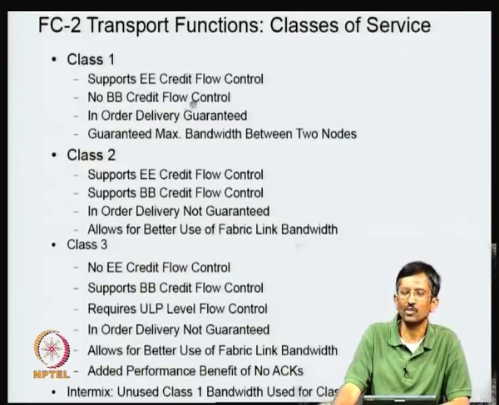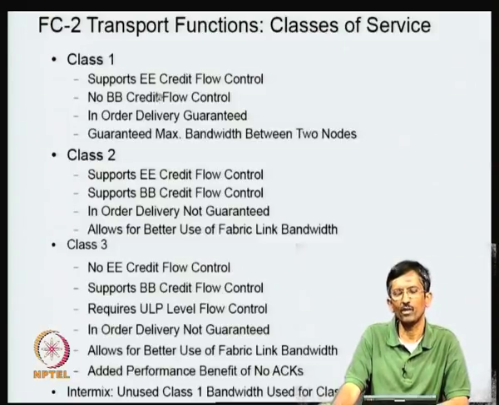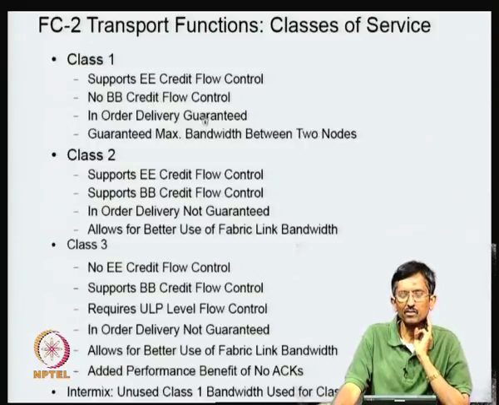It takes a lot of trouble to make sure that your data that is sent is in the same order that it was queued, and also that across the whole fiber channel network there is end to end credit flow control. And so this is going to be the most difficult one to engineer for from the point of view of the fiber channel network. Okay, it requires a lot of infrastructure, a lot of hardware.